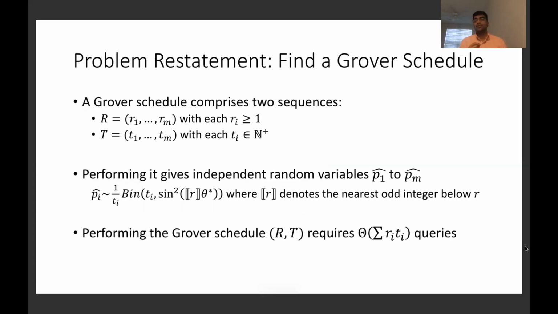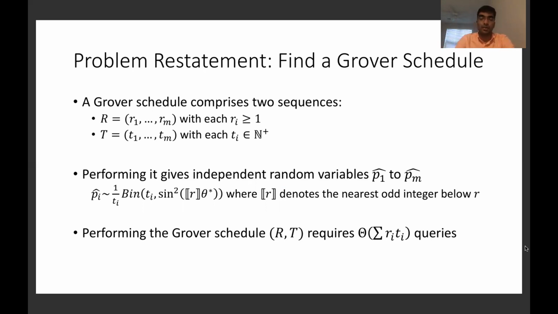So Ti will be the number of coins in that ith set, and Ri will be the bias of all the coins in that set. So let's say that R of i is 5 and T of i is 2. That would mean that in our ith set, we have 2 coins, and each of them has bias 5. So we're going to flip 2 coins with bias sine squared 5 of theta star.